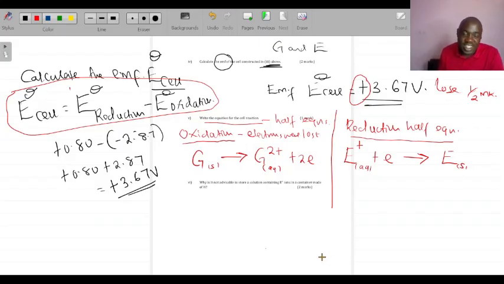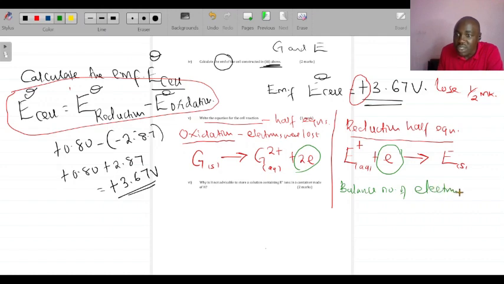We can see 2 electrons were lost, but only 1 was gained. So we must balance the number of electrons. The number of electrons lost must always be equal to the number of electrons gained.